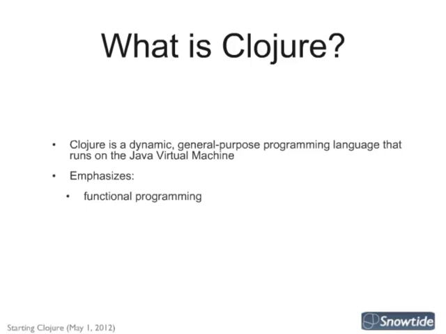And along with the functional programming aspect, Clojure does emphasize things like immutable data structures and carries along with it a very sophisticated approach to concurrency and parallelism.